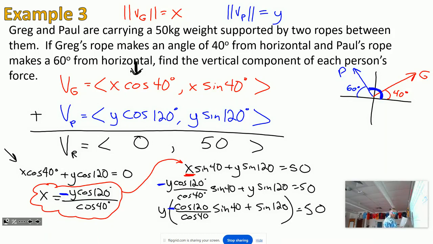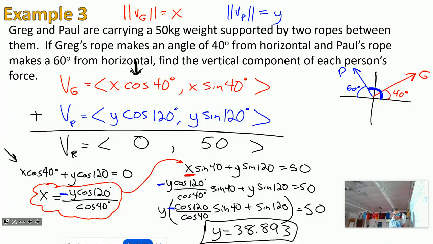What's in the parentheses there is really just one term, just a value. So I can divide 50 by that value, and I will solve for y. Y is going to be 38.893. Once you get that value for y, you've figured out what we labeled as Paul's magnitude.